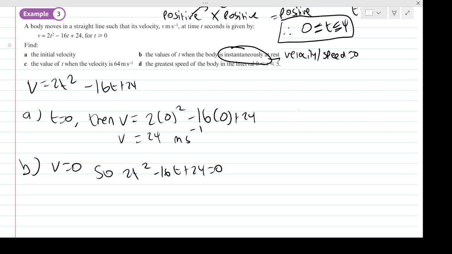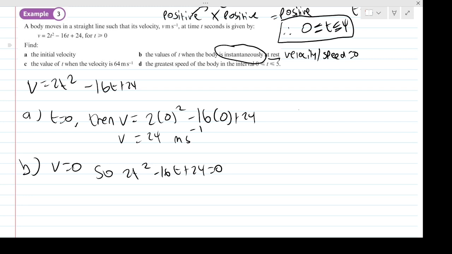instantaneously, you'll see that throughout the chapter. That means, because what we're dealing with is a variable movement, it's changing constantly over time. So you can think of it as being at rest only for a split second. It's going to get to 0 speed and then it's going to go back up or go back down.